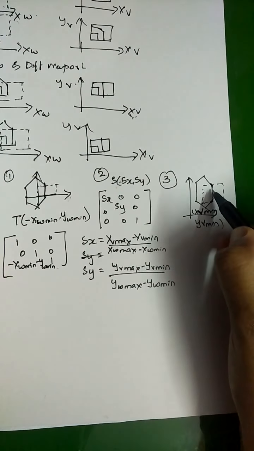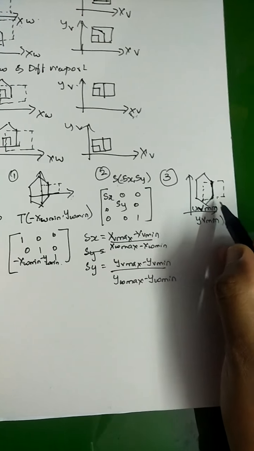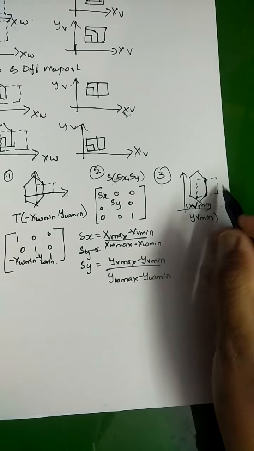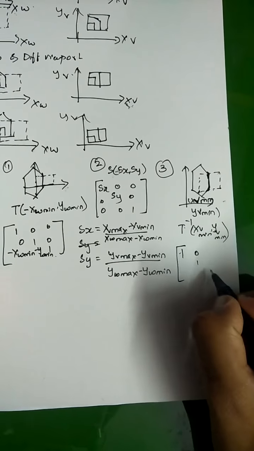So in that case, this will be xv min and yv min. This will be xv max and yv max. Fine. So in that case, I have to perform a reverse translation with respect to xv min and yv min. So how does the homogeneous matrix look like?